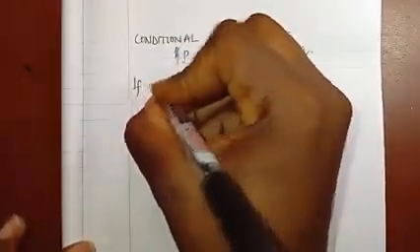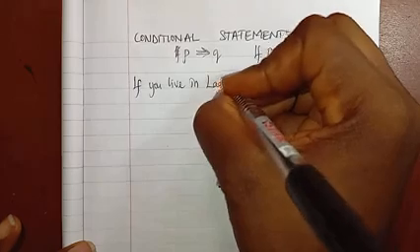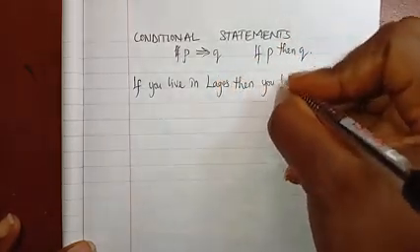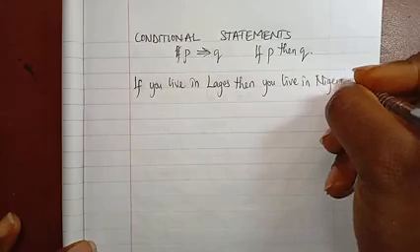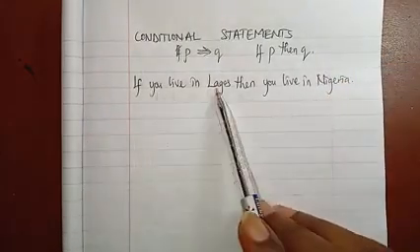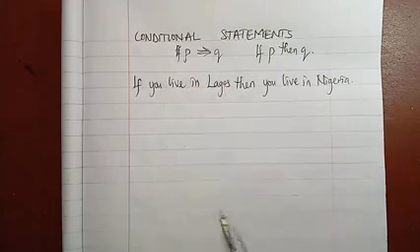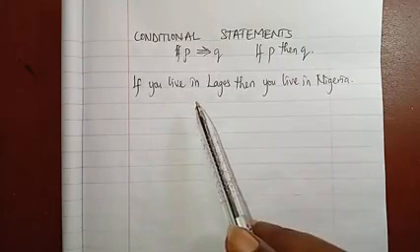If you live in Lagos, then you live in Nigeria. So we can see this is the condition. The first part of a conditional statement is called the antecedent or the hypothesis.